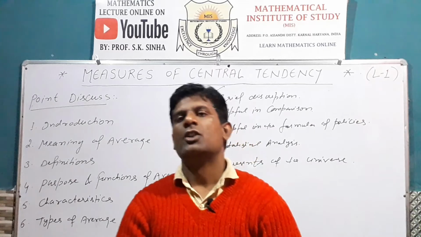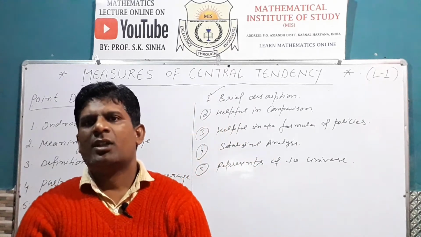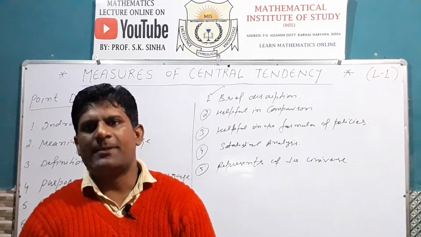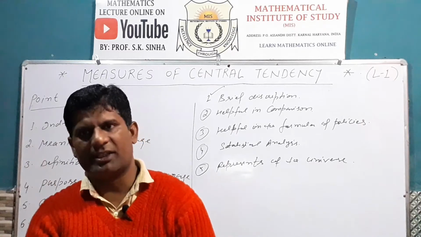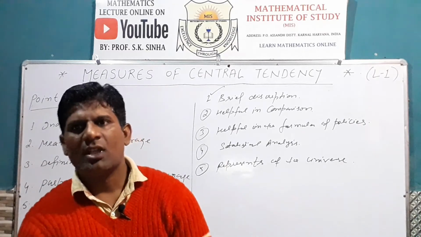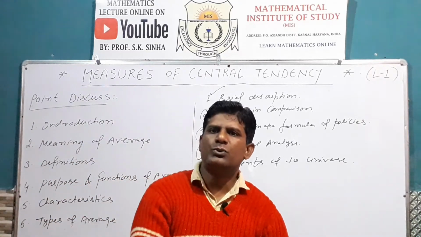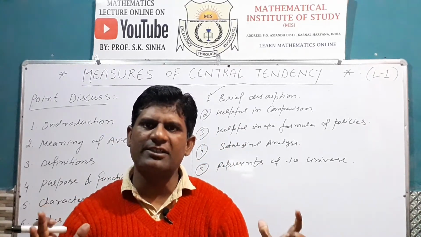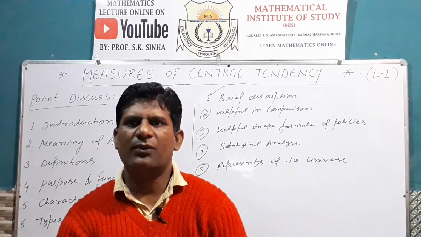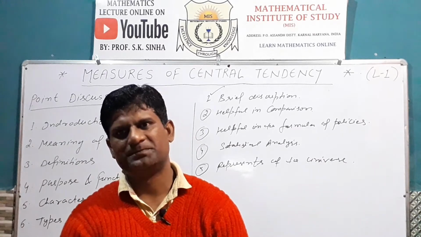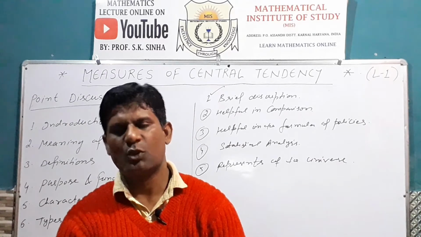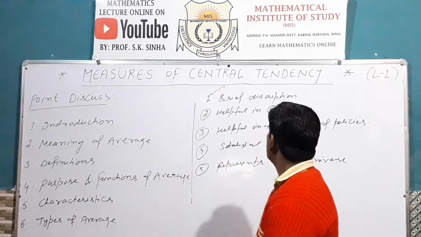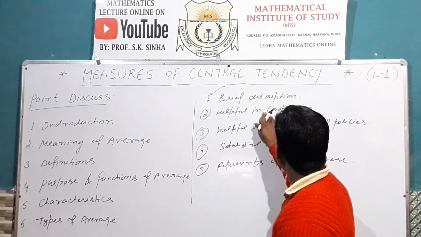Okay, students. So an average reduces a mass of data into a single typical figure. It enables one to draw a general conclusion about the characteristics of the phenomena under study. Okay, and number 2, helpful in comparison.